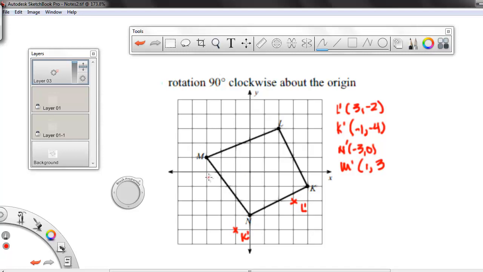N is (-3, 0). Okay, M has to be at (1, 3). There's M. Now we'll go ahead and connect our points. And there's our rotation. It's the same thing that we had before.